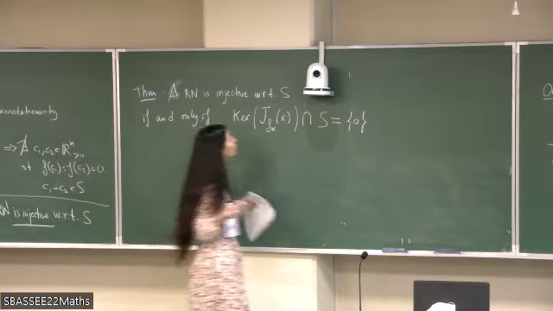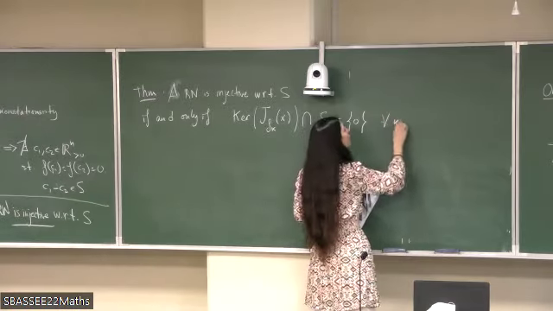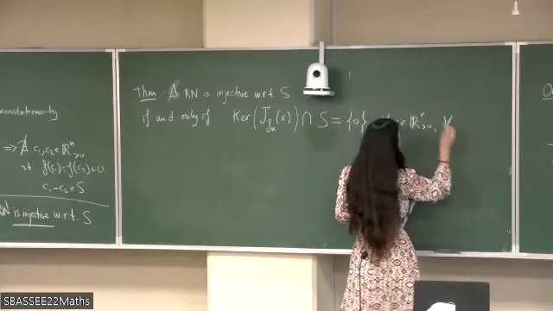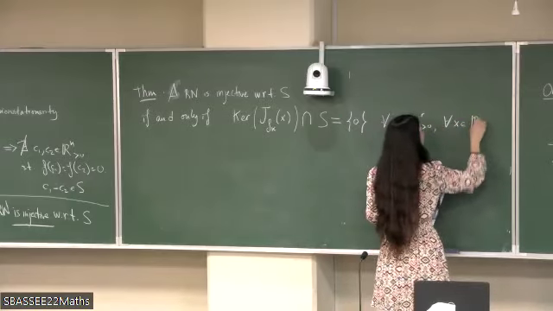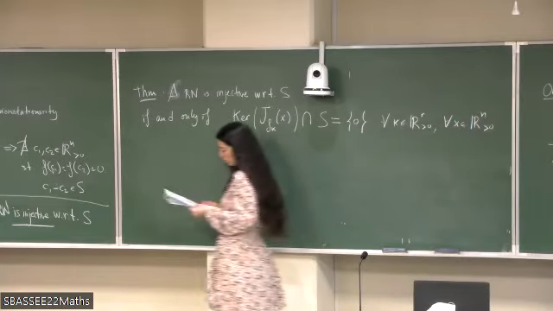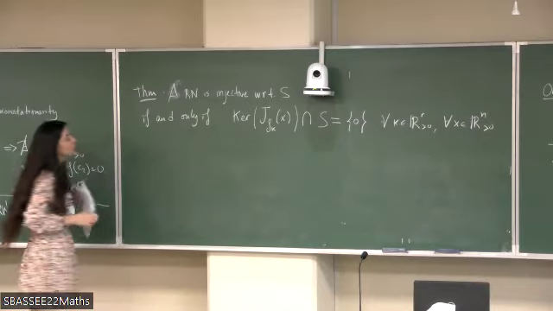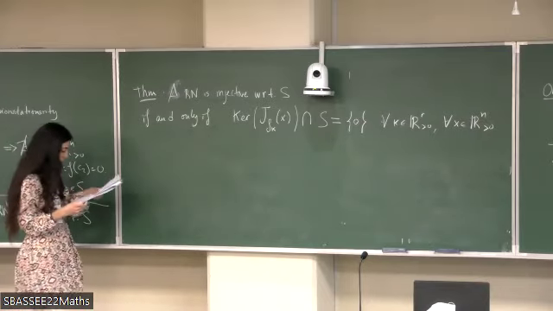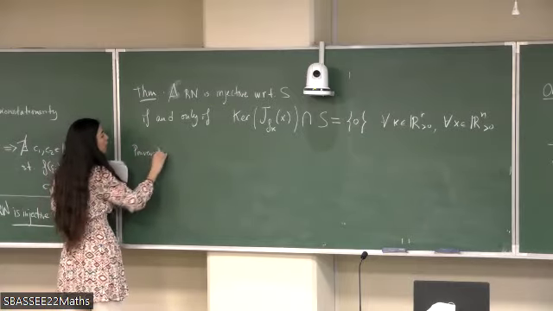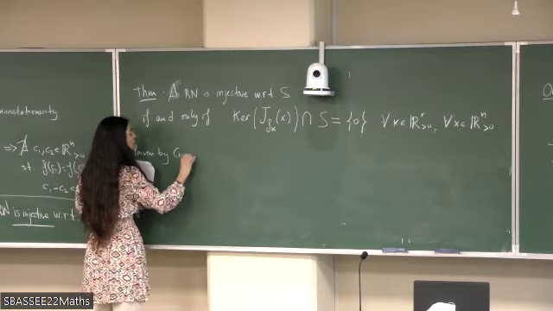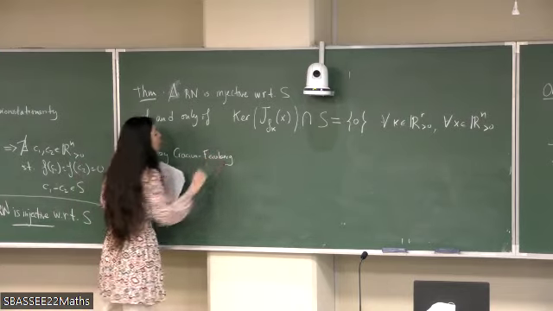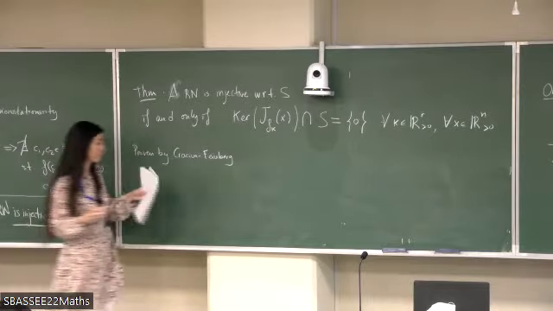And we want this for all positive rates and for all steady states. So this was proven, I think, by Craciun and Feinberg for fully open networks.